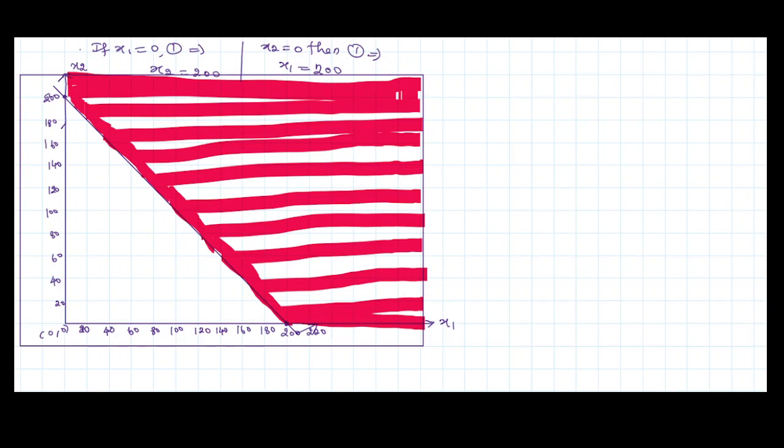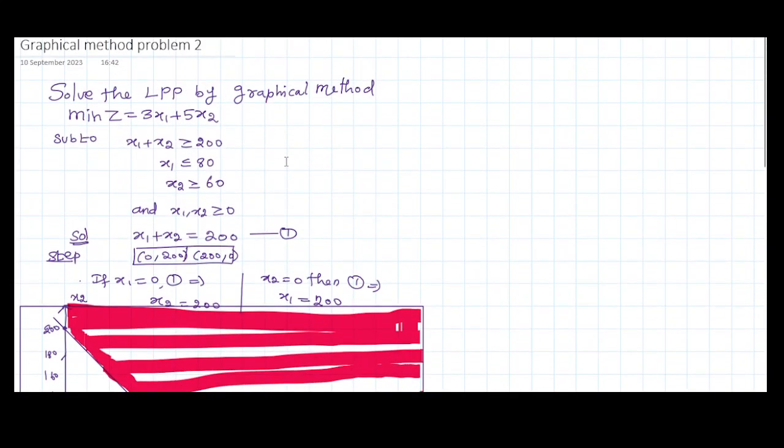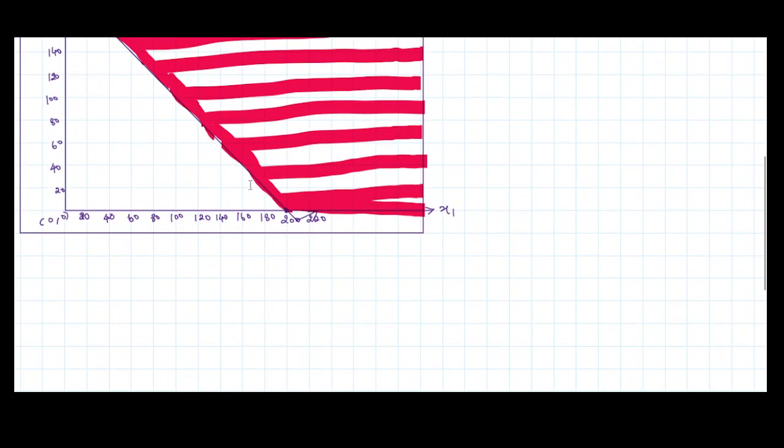Next, let us identify the region covered by x1 less than or equal to 80. Here x1 is 80, 0.